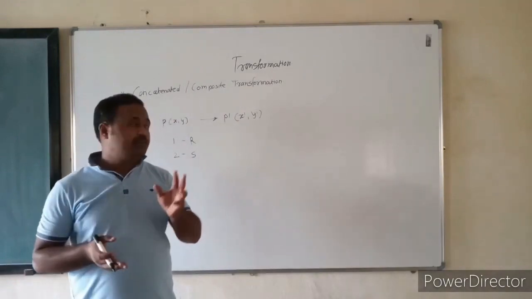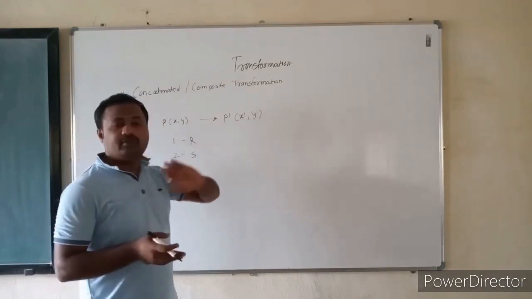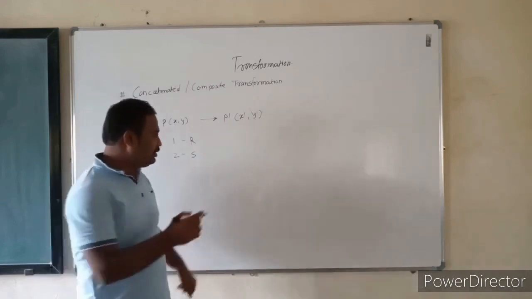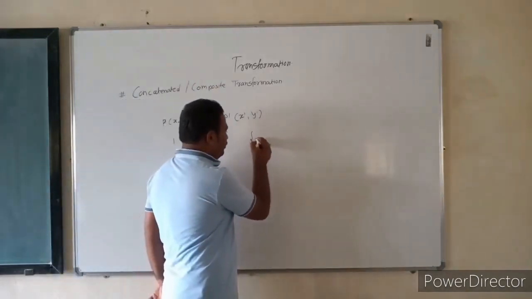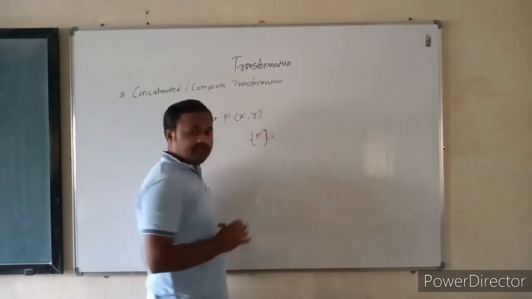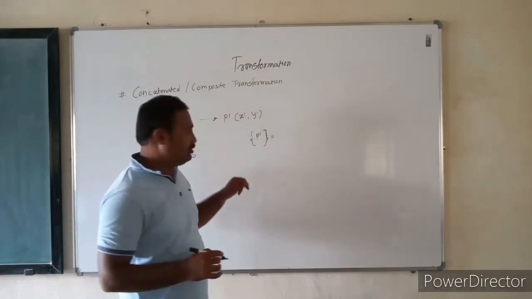Then how can you calculate the new coordinates x dash, y dash for point P dash? First is the rotation, second is scaling.